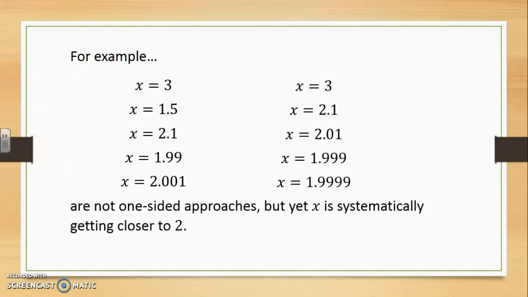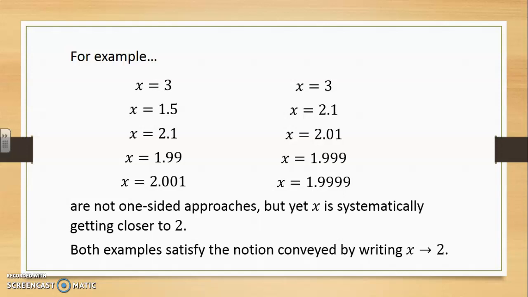these two approaches are not one-sided approaches, but yet x is systematically getting closer to 2. The first sequence of numbers alternates between numbers that are to the left of 2 and to the right of 2, yet getting closer. In the second sequence of numbers, we are to the right of 2 at first, and then all of a sudden to the left of 2, but still getting closer to it.